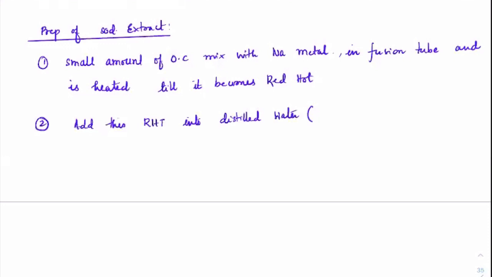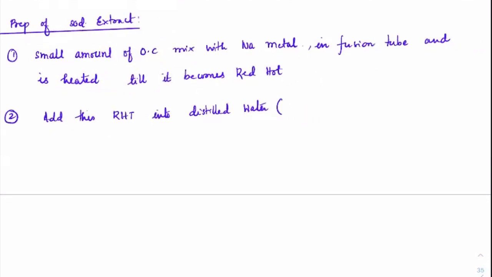What would happen? The glass will start cracking. So the fusion tube will start getting crushed in the water. After crushing, we will keep mixing that and we'll try to filtrate.